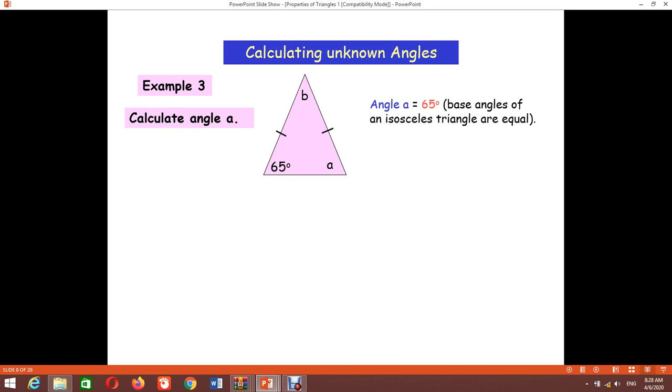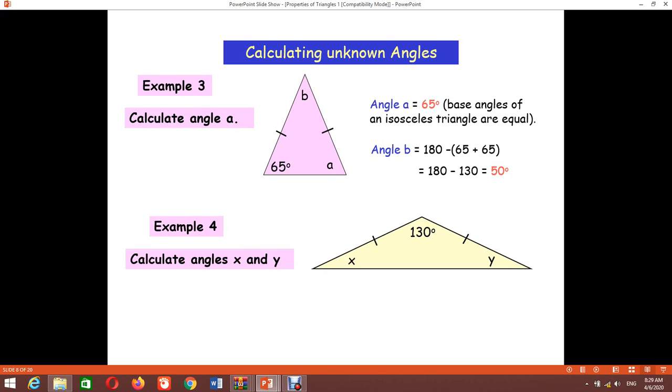Since we know A to be 65 degrees, we can go ahead and calculate B. How do we get B? To calculate angle B is equal to 180 minus bracket begins 65 plus 65 bracket close. And 65 plus 65 will give us an answer of 130. Therefore, angle B is equal to 180 minus 130, and the answer is equal to 50 degrees.